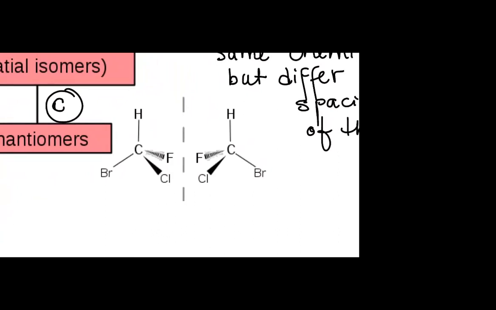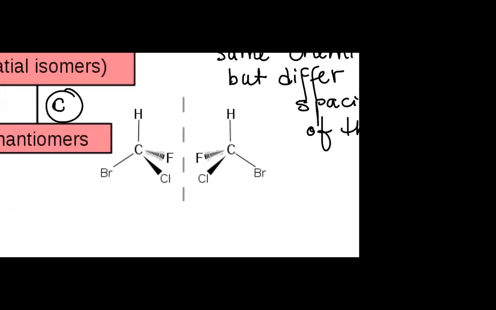We will next talk about chiral molecules. The molecule on the right is the mirror image of the molecule on the left, and that's what makes them enantiomers of each other.